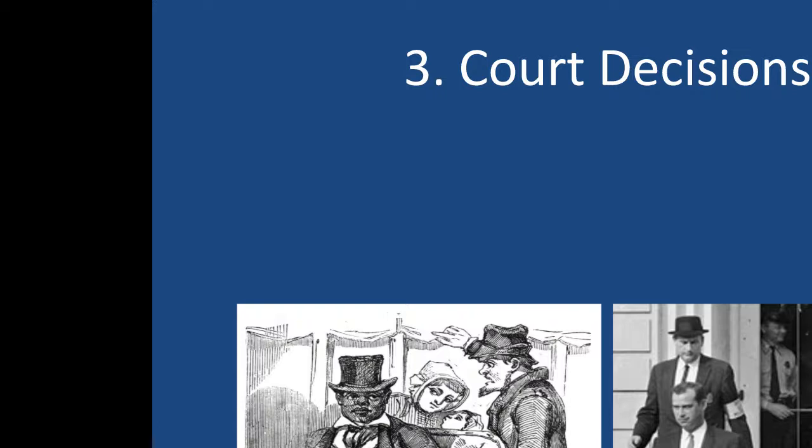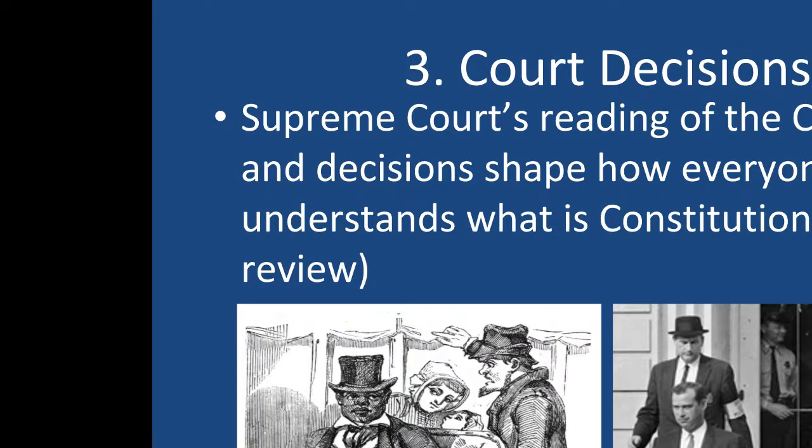They have taken the shape of changing the Constitution, and it's really about the way the Supreme Court reads the Constitution. How they read it 200 years ago is way different than how they read it today. So they've changed how they read the Constitution, and as a token of that, everybody has changed how they read the Constitution based on what the court says. The pictures below are one huge example.